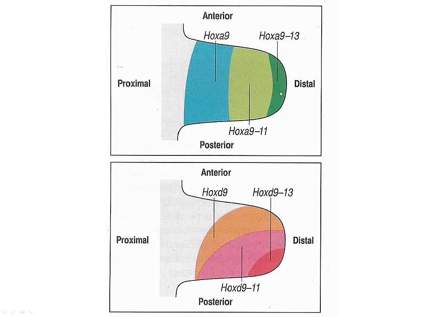And by the time we get to the end, we see Hox 12 and 13 are added. So 9 appears to be more proximal, 13 appears more distal, and then you have this nested progression like we saw in the vertebrae. For Hox D, we see something similar, but it's not this really nice linear pattern. It's more offset, more at this angle. But again, we can see 9 is more proximal, 13 is going to be the most distal with a nested pattern between.